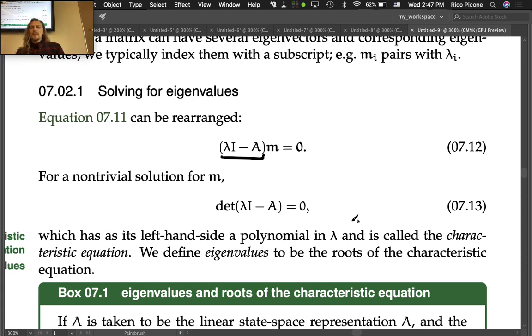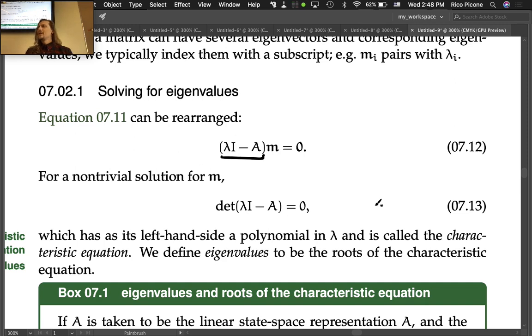So that left-hand side, this determinant, is going to be a scalar. It's going to be a scalar polynomial in lambda, and we're going to call this the characteristic equation. So 7.13 is going to be the characteristic equation. Wow, I'm using the same term that I use for the characteristic equation in the input-output ODE solution, right?